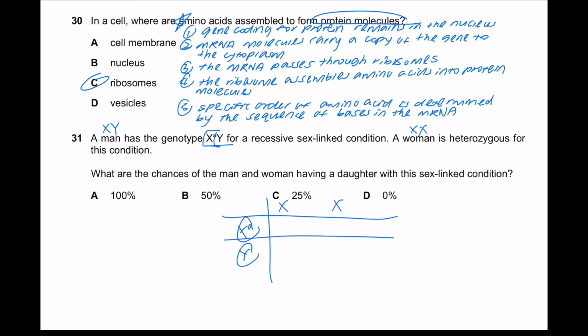The question has also told you that the woman is heterozygous, meaning that it consists of two different alleles of a particular gene. And the question has also said that it is a recessive sex-linked condition, meaning that the allele will only be expressed if there's no dominant allele of the gene present. So the woman would have this genotype.